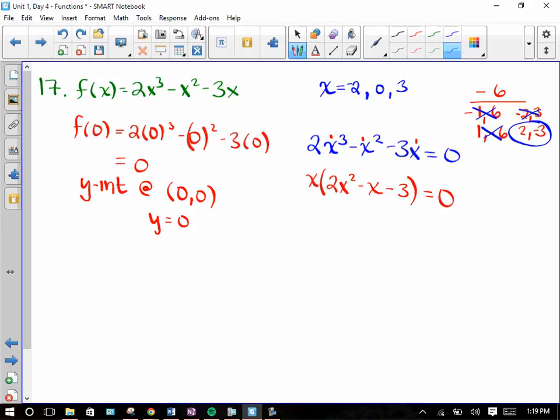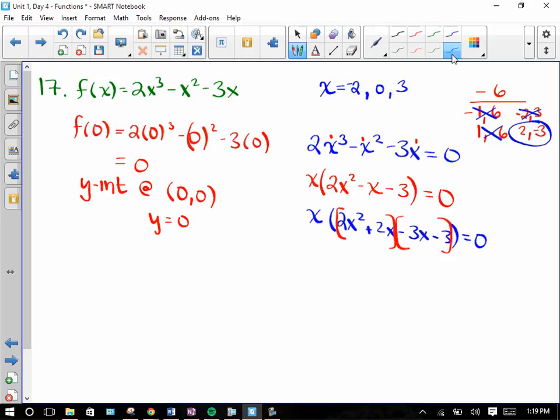Alright, so I still have my x out here. That's not going anywhere. But here, I have 2x squared plus 2x minus 3x minus 3 equals 0. So here, I'm going to bracket some of these off.